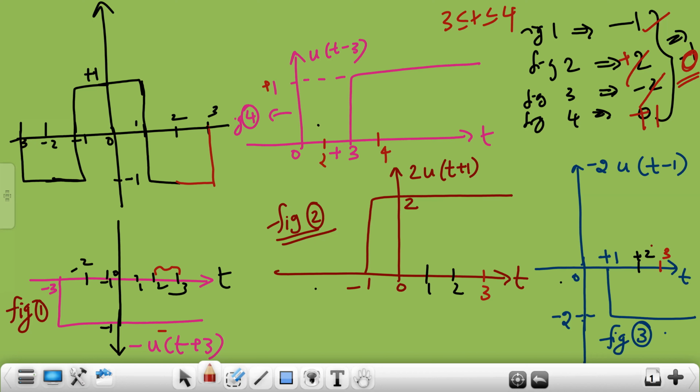Figure 4, it will be at +1 itself. So after t equal to 4, there is no change in amplitude for all these 4 figures. So after adding all the 4 figures individually, your amplitude will be at 0 itself. So it will be the x-axis itself. So this is the final plot for t.